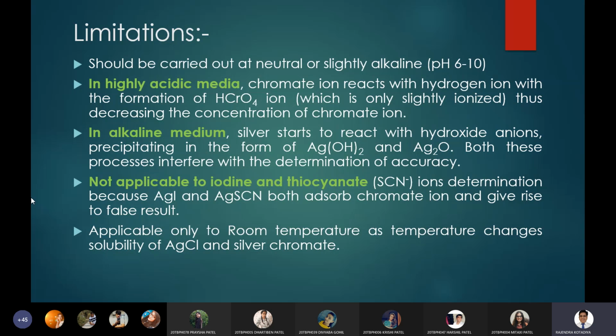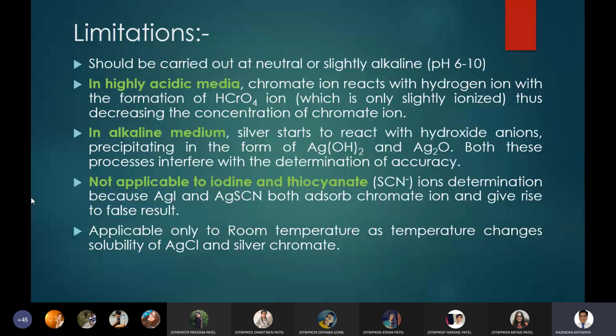So આ જે ત્રણ કન્ડિશન છે that will hinder the actual titration when we are talking about Moore's method, and that is why they are not performed in acidic condition, alkaline condition, and not applicable to iodide as well as thiocyanate ions. And the fourth limitation is it is only applicable to room temperature.